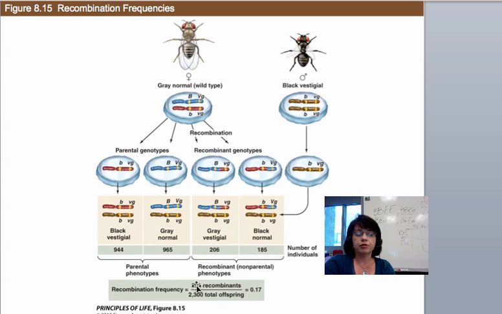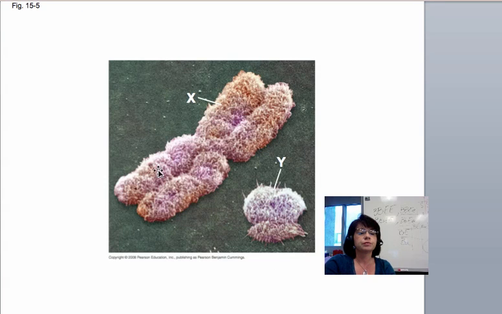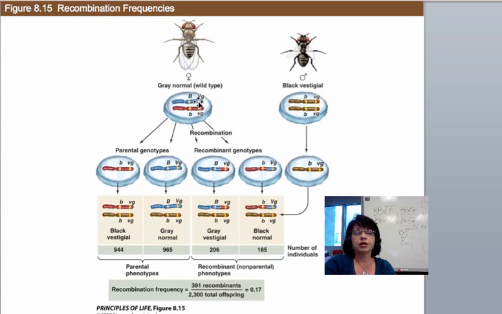So they came up with a formula that if you divide 391 by 2300, which is the total number of offspring, you can say that they cross over 17% of the time. And that's exactly how they set up the map between B and VG. So if they were to lay these guys out on the chromosome, they would put a number of 17 in between these two letters and say that's 17 centimorgans, or approximately 17 units away from each other.